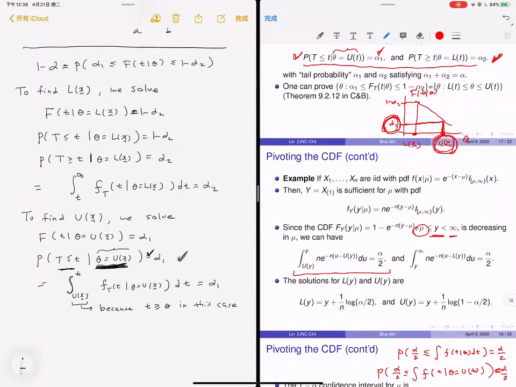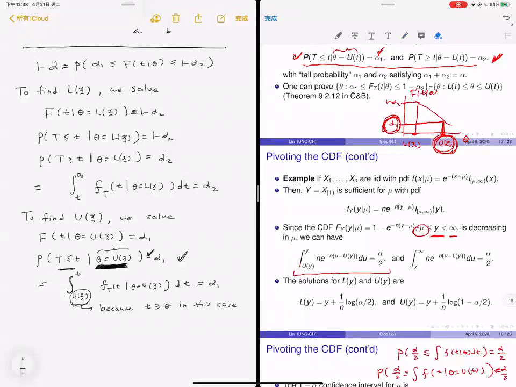The reason why you will see u, y right here is because theta has to be replaced by uy, and the range of y comes from mu to infinity. So the lower bound of theta needs to be replaced by u theta, the reason for uy right here. Making sense?